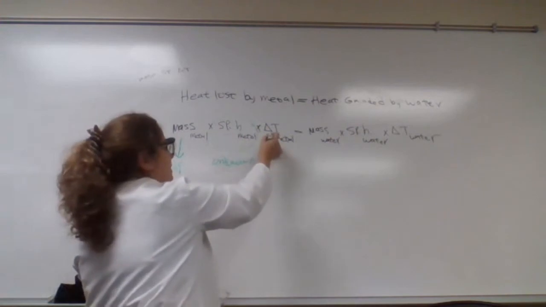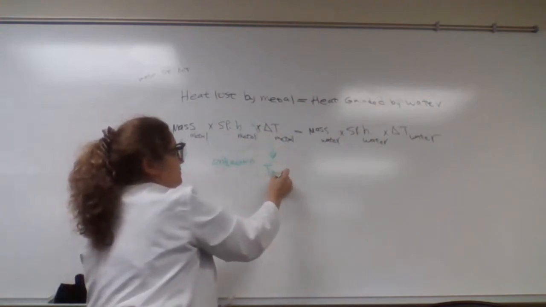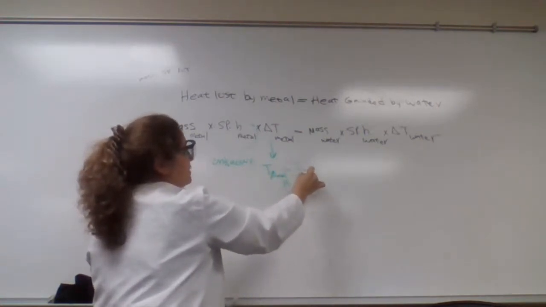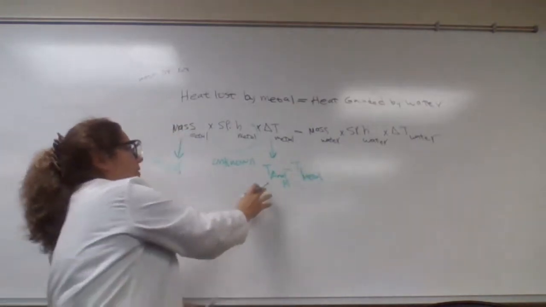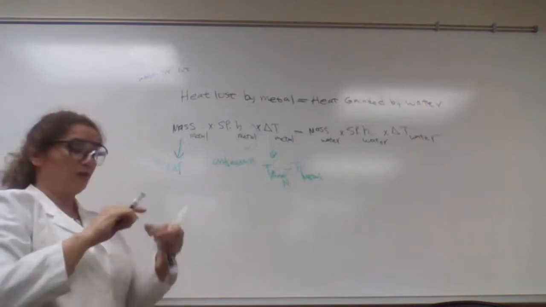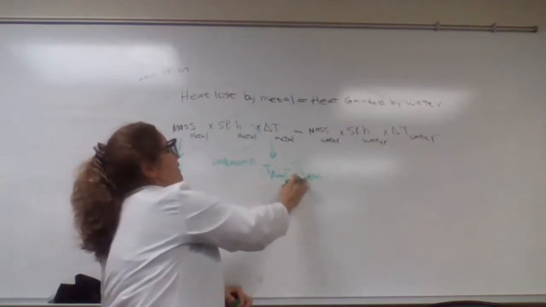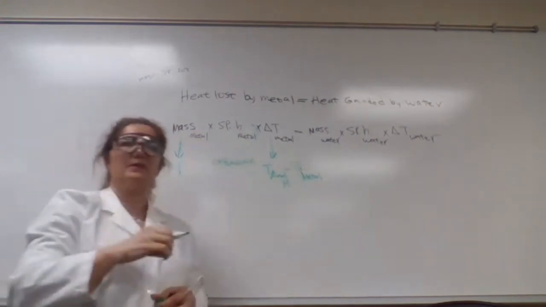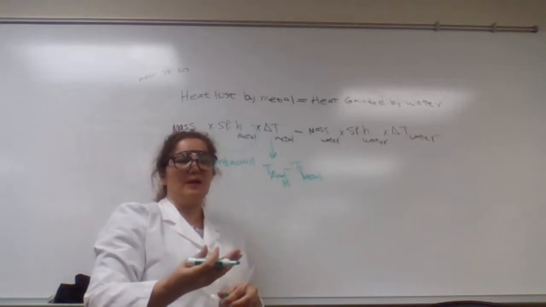Change in temperature of the metal is going to be final temperature for metal minus initial temperature for metal. So the hot metal before mixing has an initial temperature, and then after it cools down, when you leave it in the water, it's going to reach the same temperature.